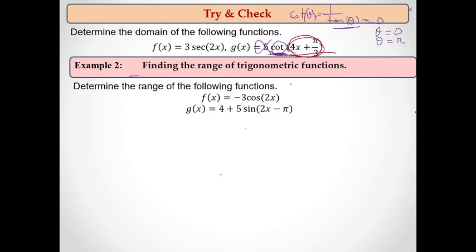Now, look at the range question here. It's asking the range. It says, determine the range of the following functions. So it's asking the range of f and the range of g, so we pay attention to cosine and sine here.